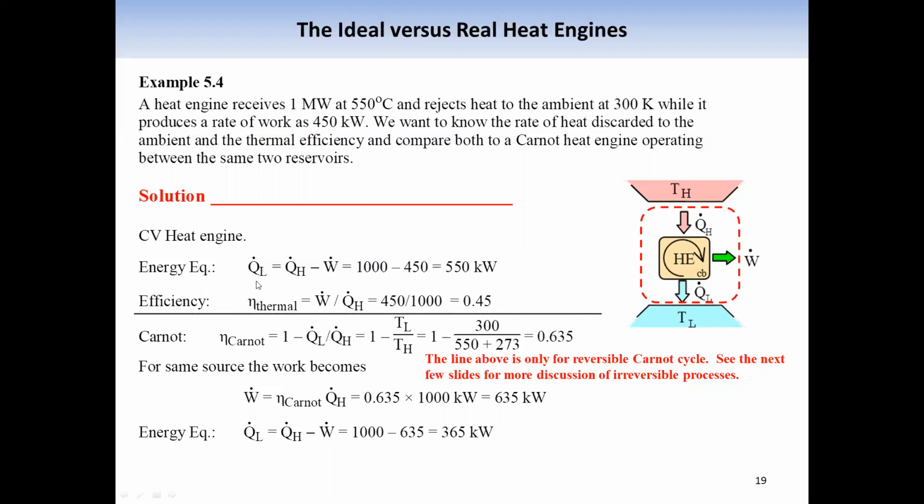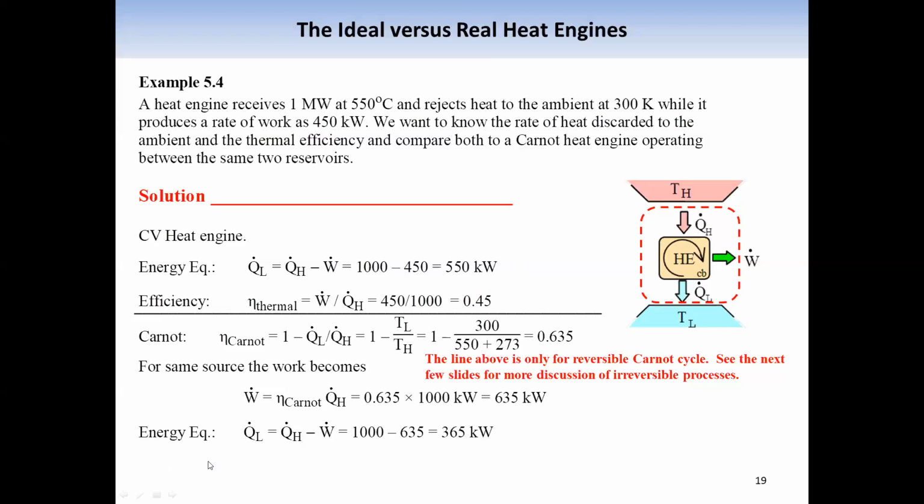That means QL dot equals QH dot minus W dot. Thermal efficiency can be estimated based on the definition of thermal efficiency. That is the ratio of the work rate divided by the energy absorption rate at the high temperature reservoir.